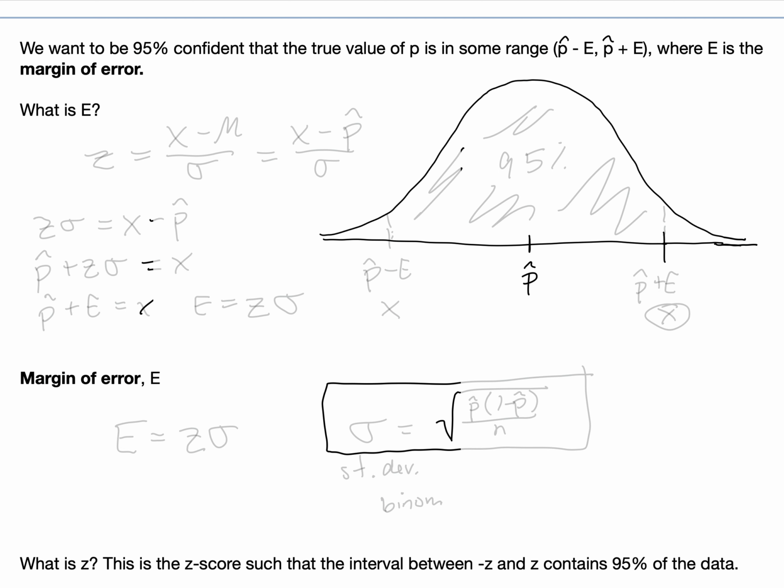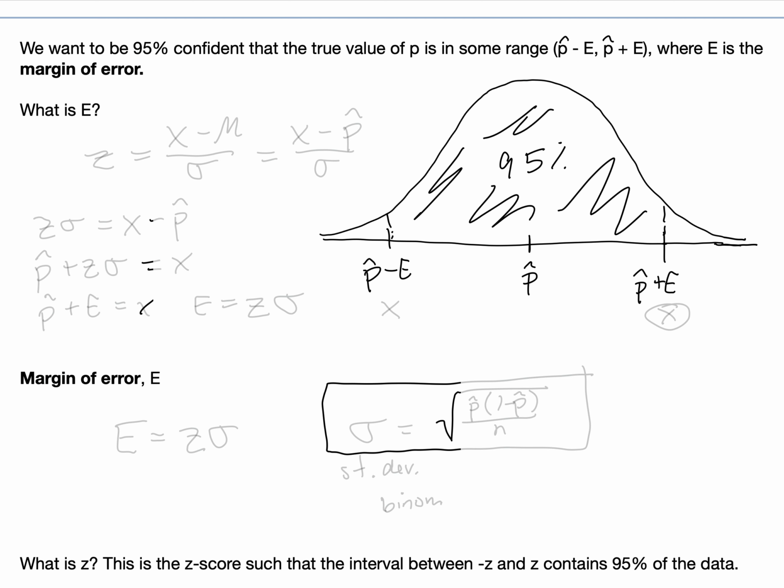So we want to find some margin of error e such that p hat minus e to p hat plus e contains 95% of all the sample proportions that we will ever take. So we want to find the margin of error such that this is true, such that p hat minus e to p hat plus e on the normal distribution contains 95% of the data values.